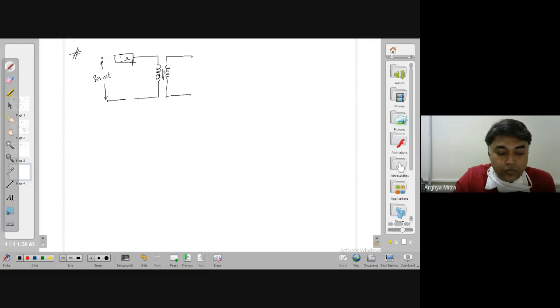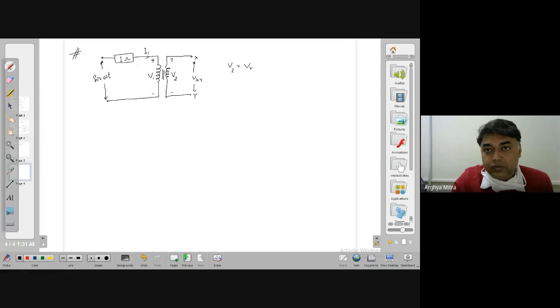This is 1 ohm. This is V1. The current flowing through this is I1. This is V2. And this is terminal XY. So that means I have a voltage across this as VXY. Okay. So I have the knowledge that V2 is equal to VXY if it is open circuit. Open circuit condition, my V2 is equal to VXY.